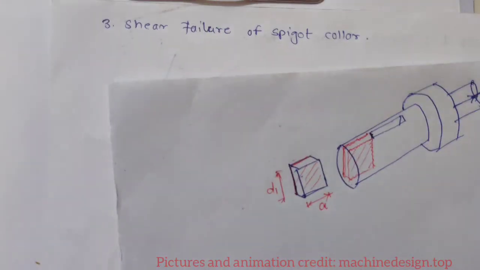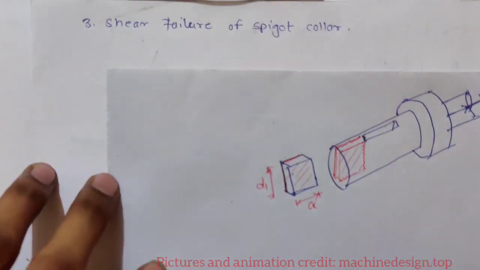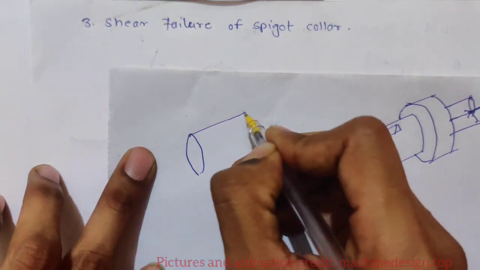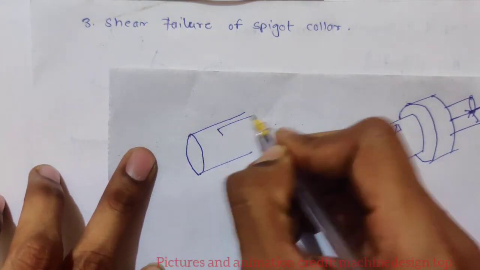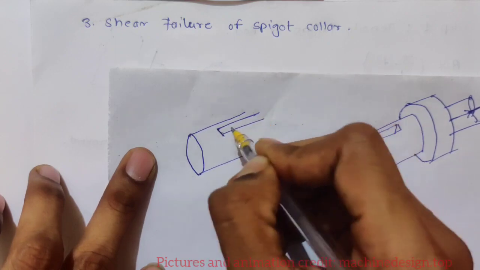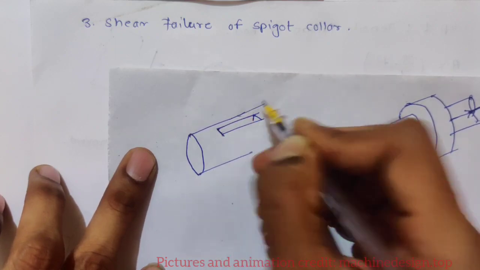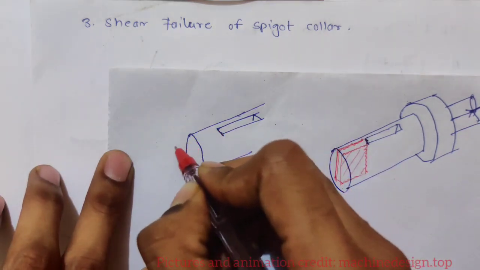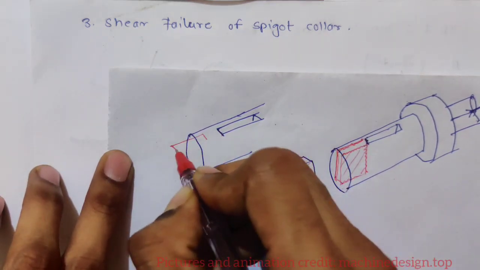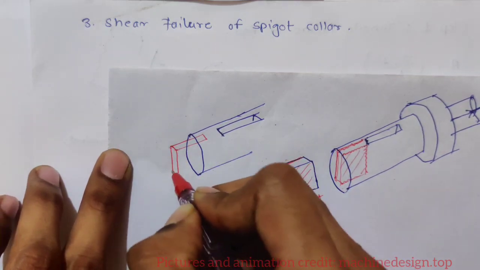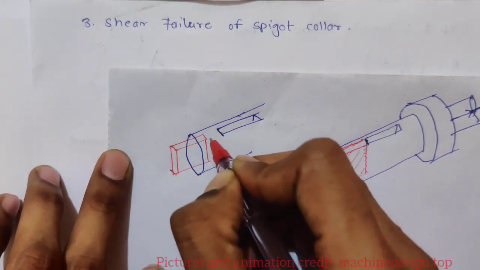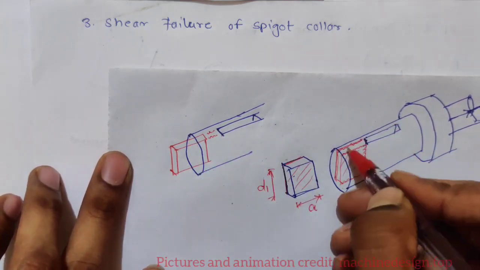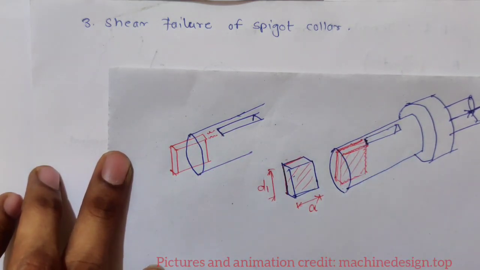Again I am explaining this: because of cotter, this whole area will break, and it will come out like this. So this whole area will come out.